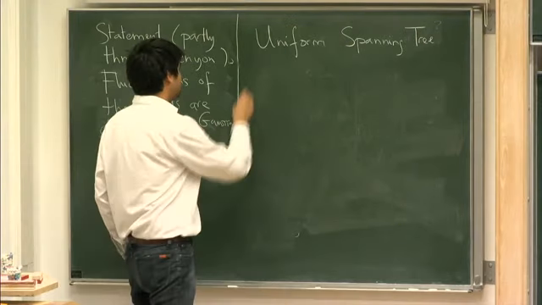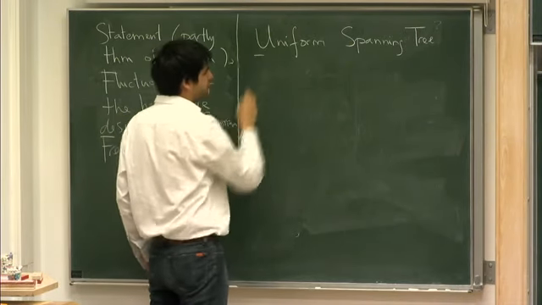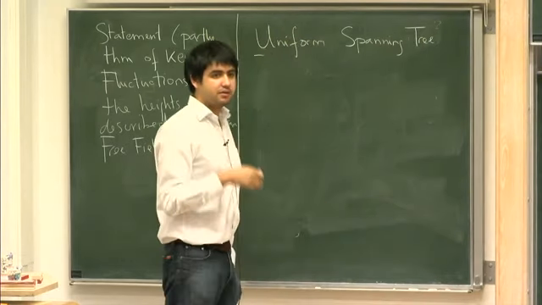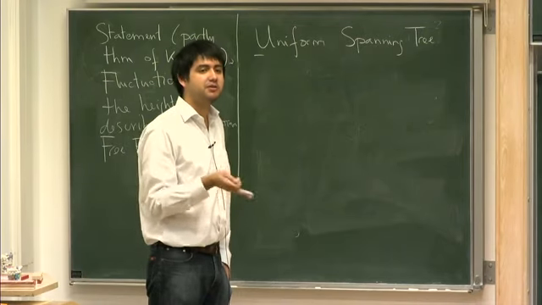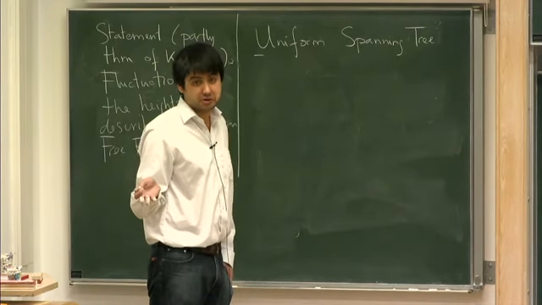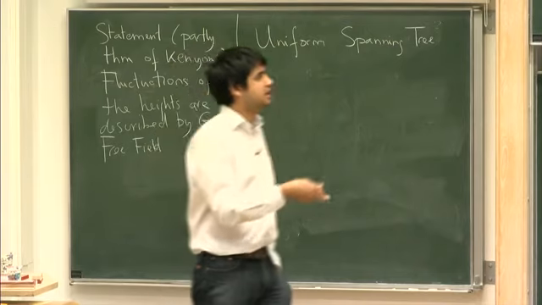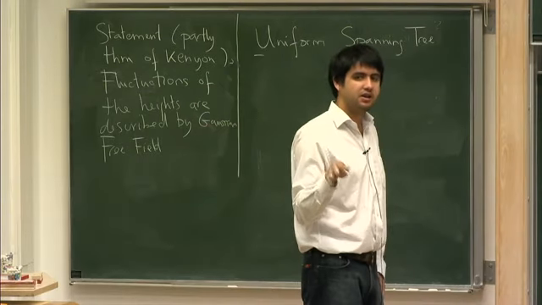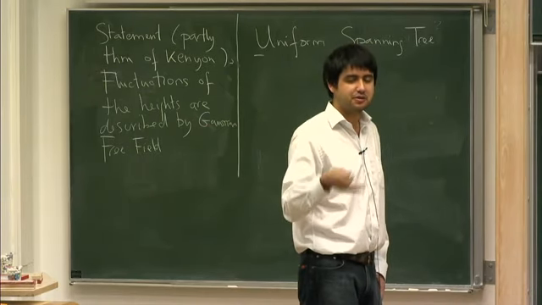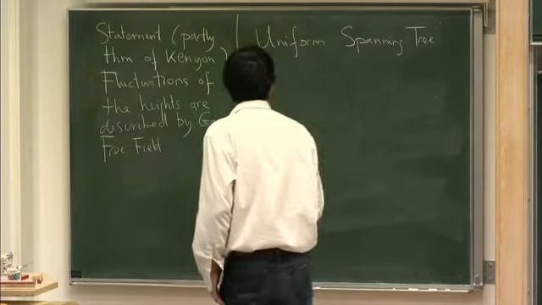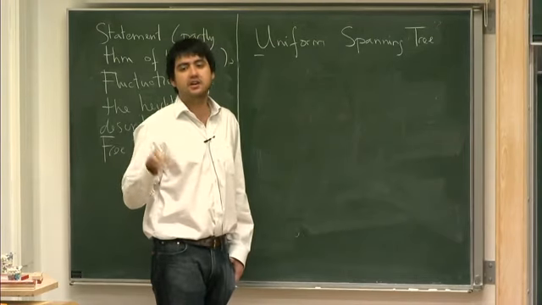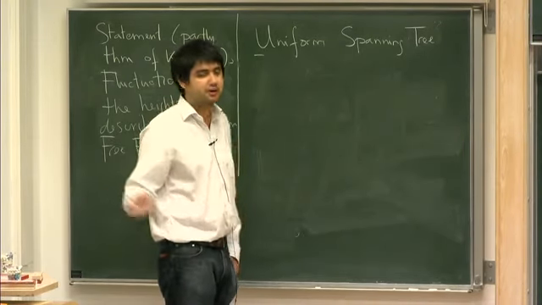So what is a spanning tree? A spanning tree of a graph is a tree contained in the graph such that every vertex belongs to the tree. So it's a subset of the edges where you have just enough edges to make the graph connected, but you don't have too many, so you don't have any cycle. And a uniform spanning tree is a model where you take a random spanning tree uniformly at random.